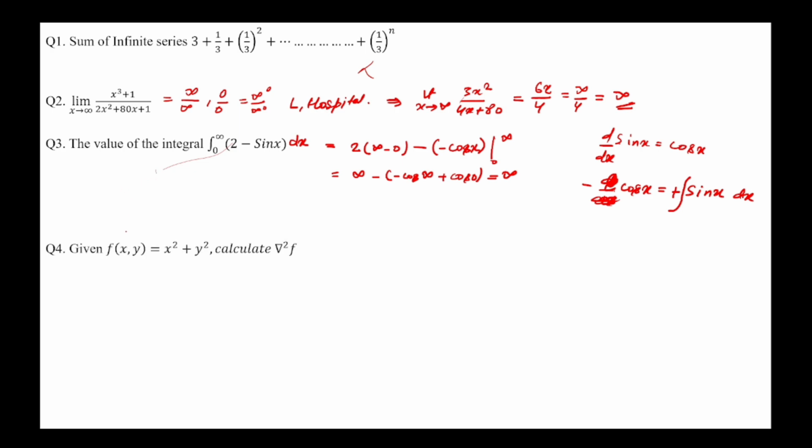Next. Given that the function f is x square plus y square, find the gradient square of f. So the very first thing, we will see gradient f. The value of gradient is i del by del x plus j del by del y plus k del by del z. The third component, that is the z component, is not there, so we will not write it.